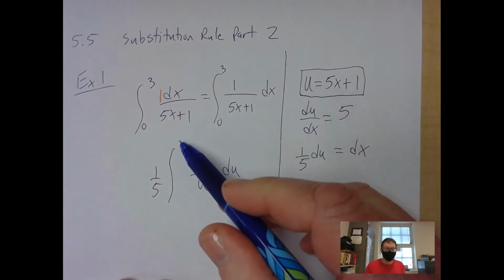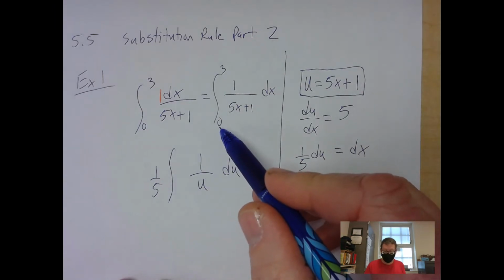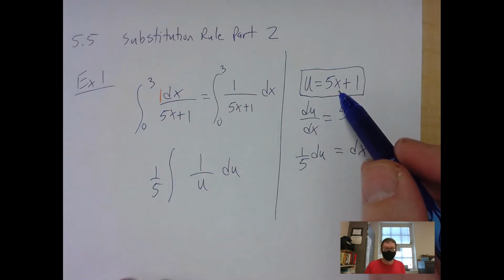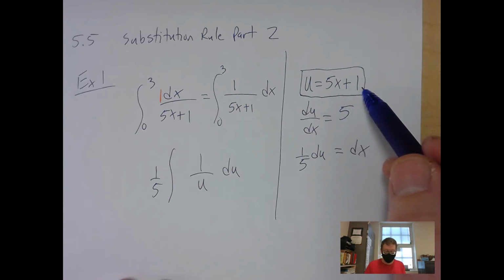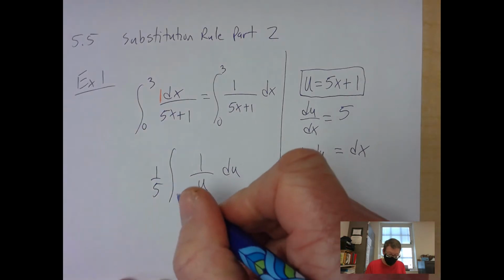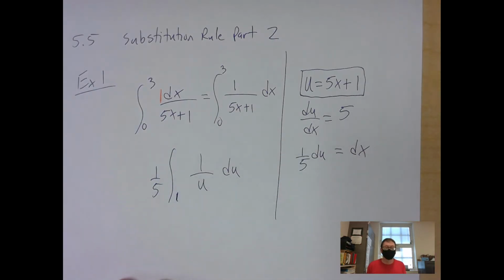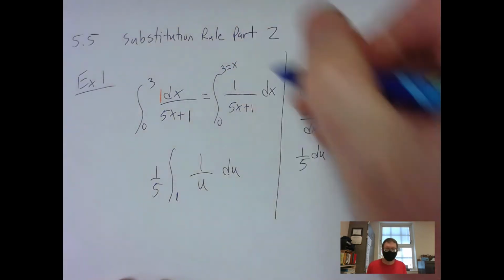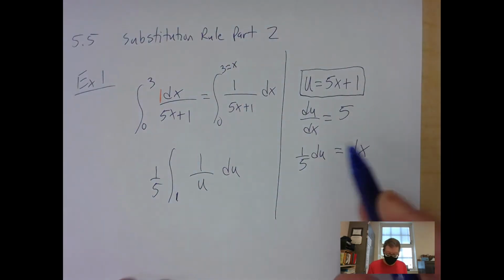So if I put 0 in for x, then I can get u back. So what happens when I put 0 in for x? I get 1. So I'm going to change the limit of integration from 1 to, now I'm going to put 3 in, because this is an x value. So then I put 3 in, and I get 16.